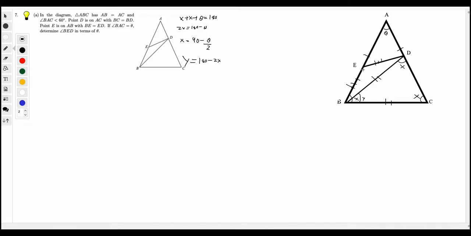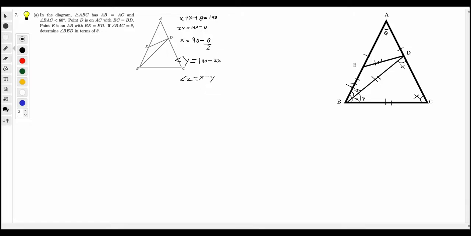And angle EBD, which I'm going to label as Z, is equal to x minus y. So angle Z is equal to x minus y, so it's this one minus this. Let's label this here.